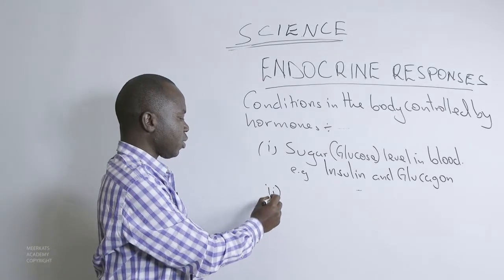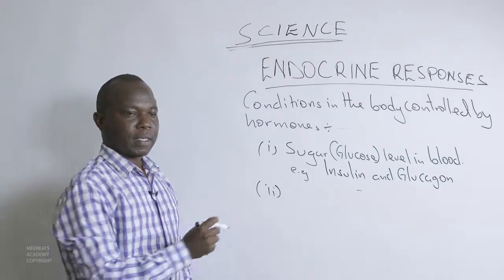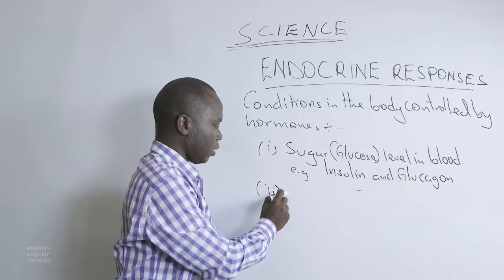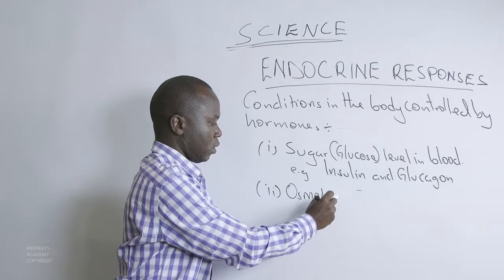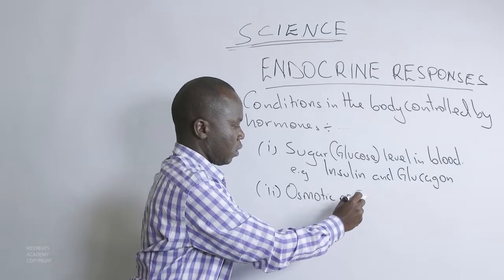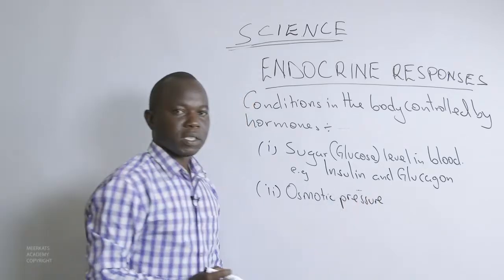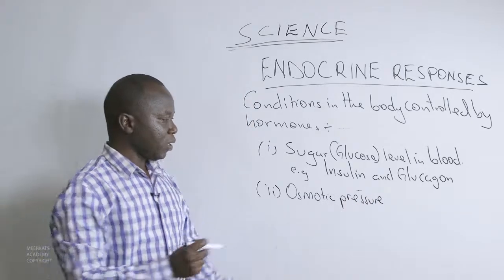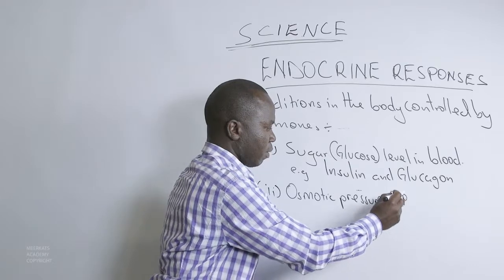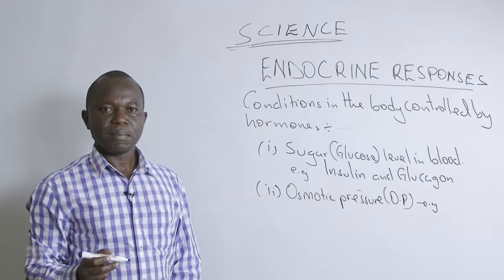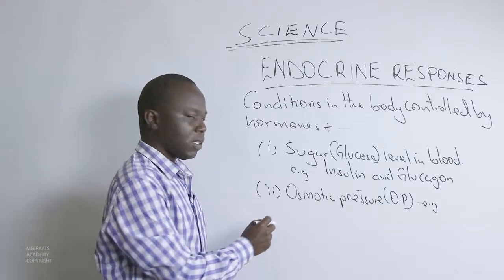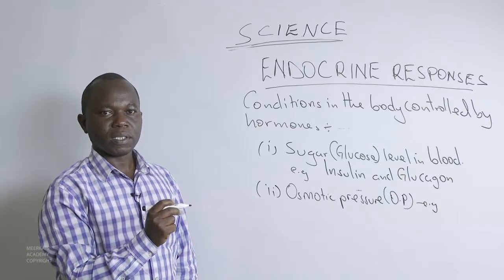We also have other conditions like osmotic pressure. Osmotic pressure is also controlled by hormones. One very important hormone that is involved is called antidiuretic hormone.